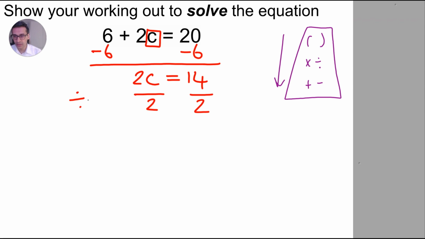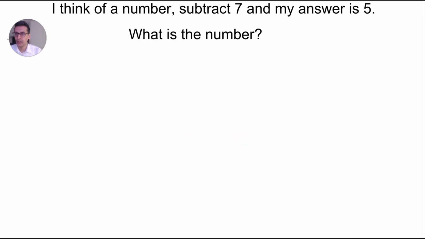Now, some of you write this instead on the side. It's better to write it as a fraction like how I've done it. So that method is what we're going to stick to. So this will be c is equal to 14 over 2, which is 7. So you can see, take away 6, divide by 2, you get 7.